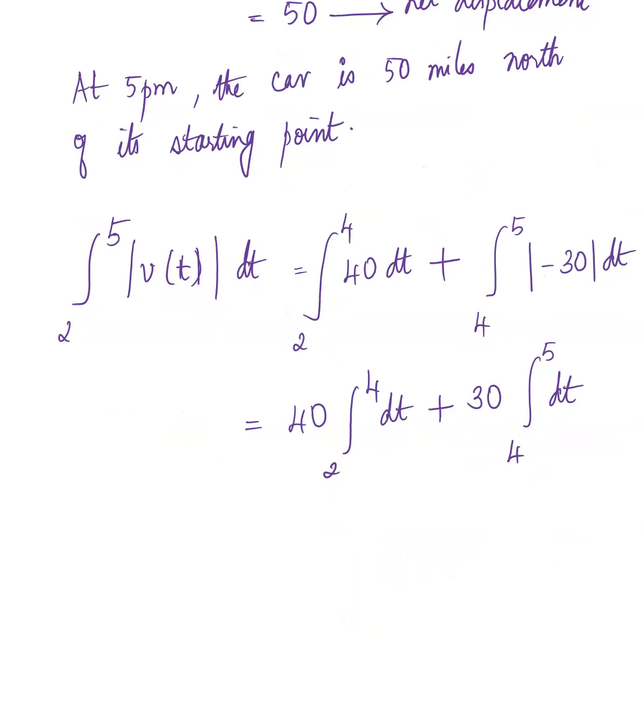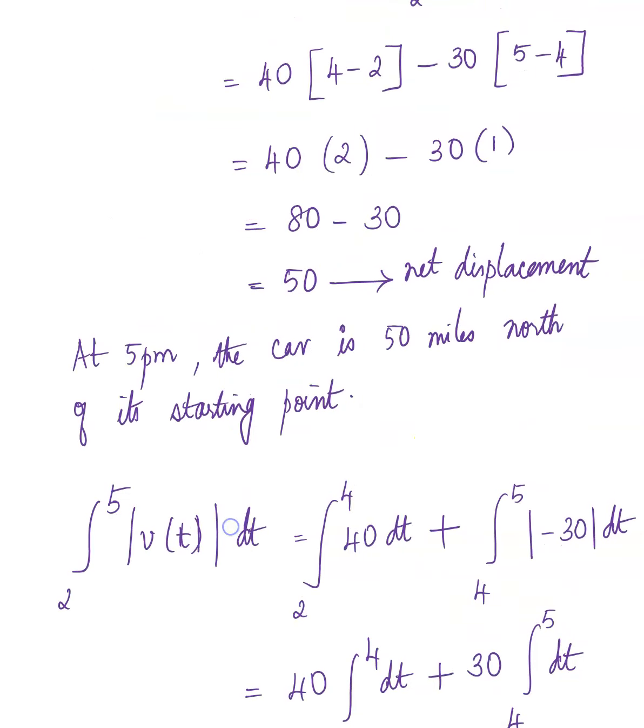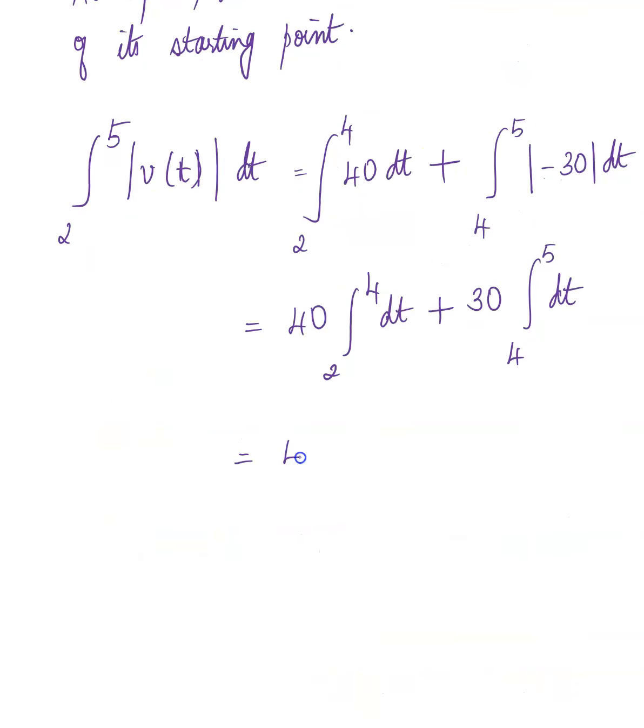So you know the drill, we just did that before. So I'm simply going to come back here and say it's going to be 40 times 2 plus the 30 times 1. That was the only change. So it's going to be 80 plus 30, which is 110.